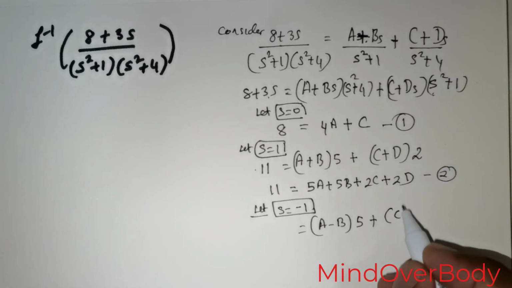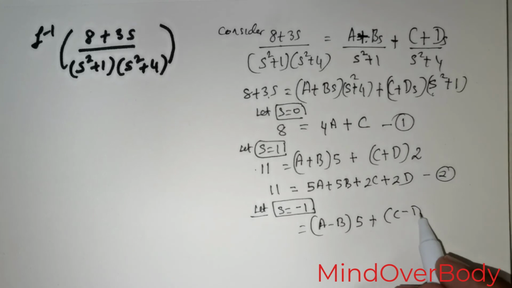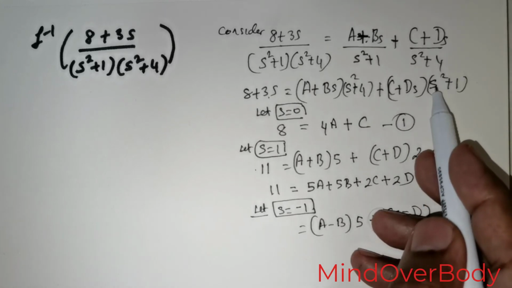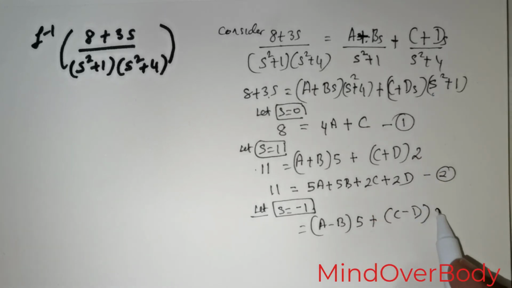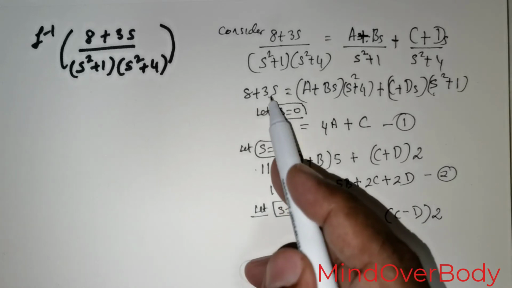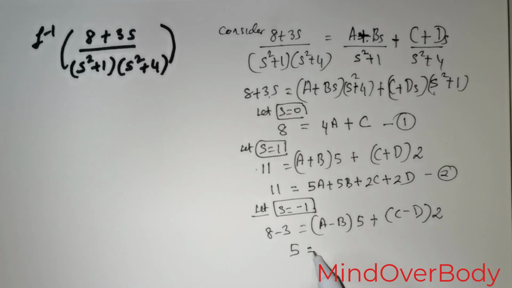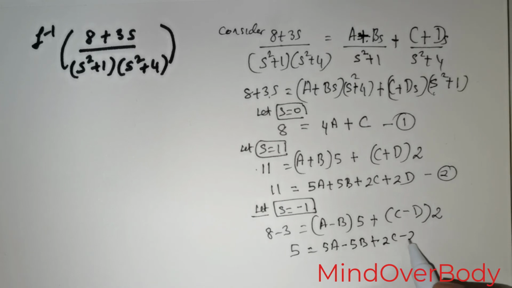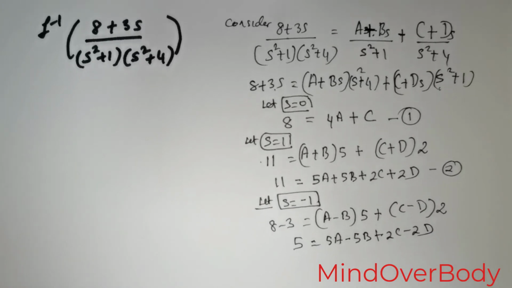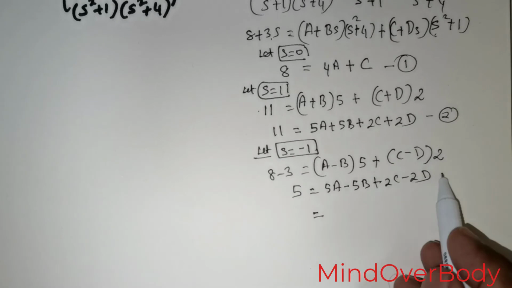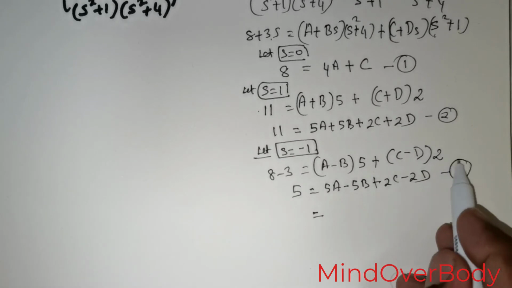C, negative d, 1 + 1 is going to be 2, and on the left 8 minus 3, which is 5. This is going to give me 5 times a negative 5 times b positive 2 times c negative 2 times d, is equal to 5. This is what I get. So I get equation 3.